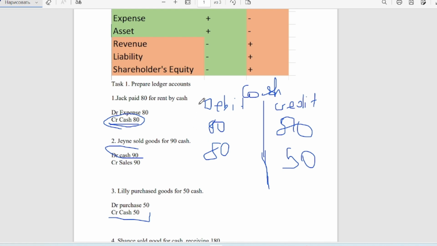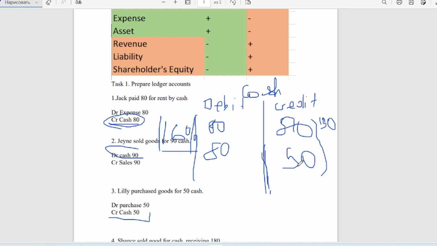But we have to finish it. Here we have to calculate the sum. It's 160. And here we have to calculate the sum and it's 130. Which side is larger, this or this? Yes, you are right. This side is larger. In a ledger account, both sides should be balanced. They should be the same.